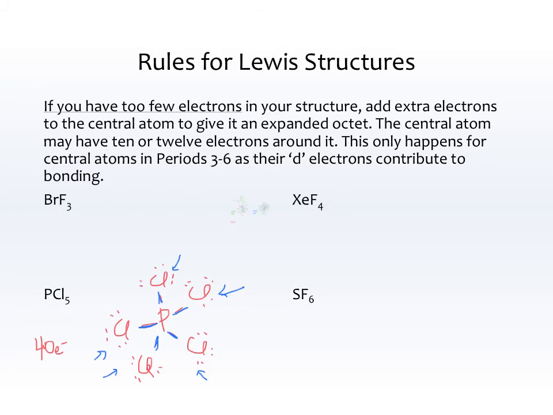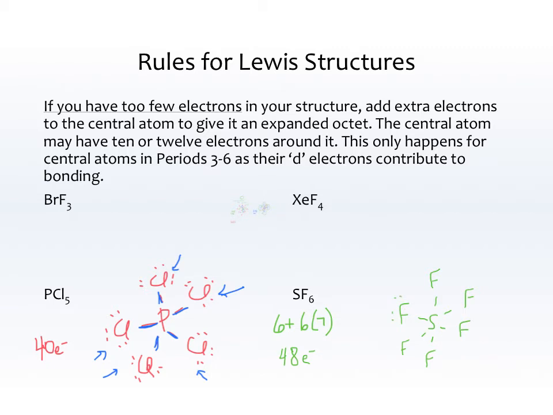Let's look at SF6. Sulfur's in group 16, it has 6 valence electrons. Fluorine's in group 17, that's 7, so 6 times 7 is 42, plus 6, which is 48 electrons. We're going to put the sulfur in the center and the fluorines on the outside. Make sure you leave enough room for 6 fluorines. This is going to be a crowded structure.